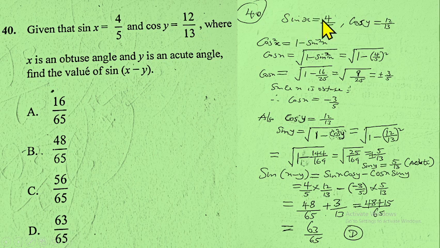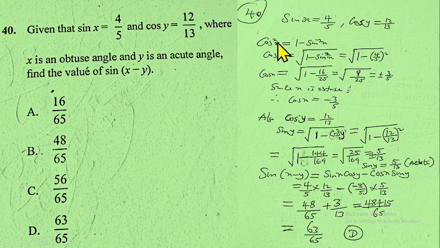Now you have been given sine x as 4/5 and cos y as 12/13. We could have drawn a triangle to find cos of x, and another triangle to find the sine of y, but we can use a smart method.